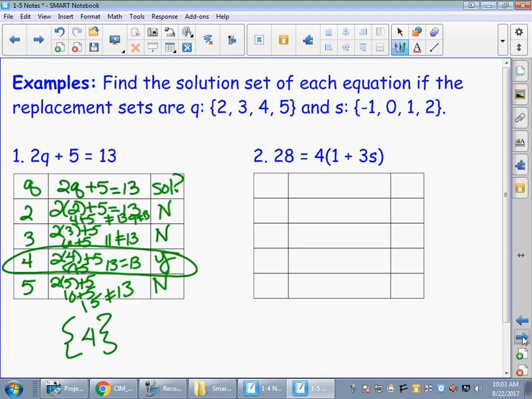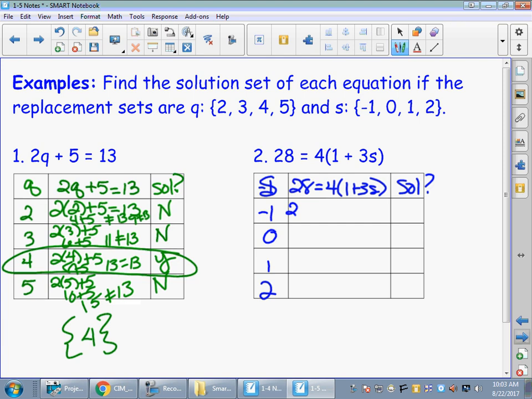Number 2 uses S. So in here, these are my S values, -1, 0, 1, 2. My equation: 28 is equal to 4 times the quantity 1 plus 3S. And then this is if it's a solution.